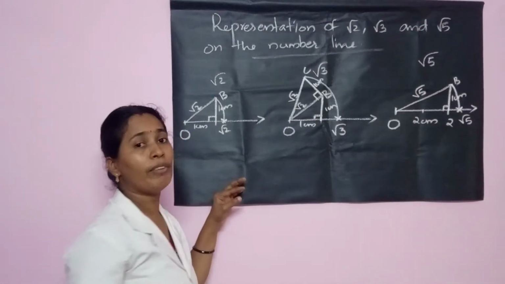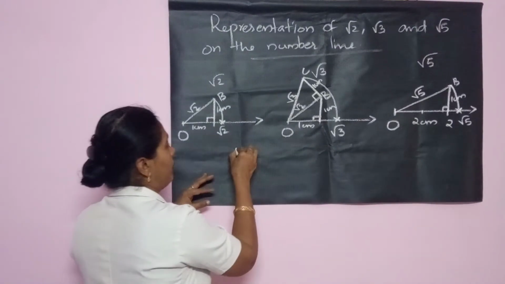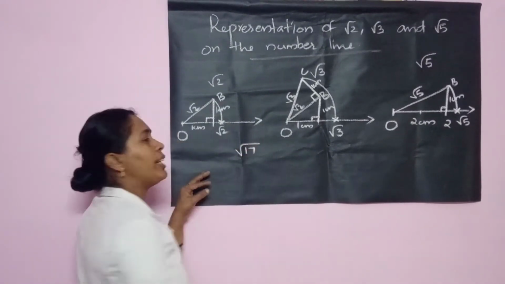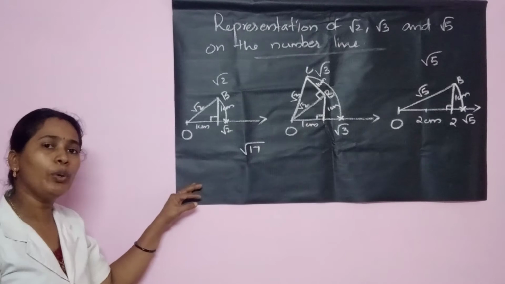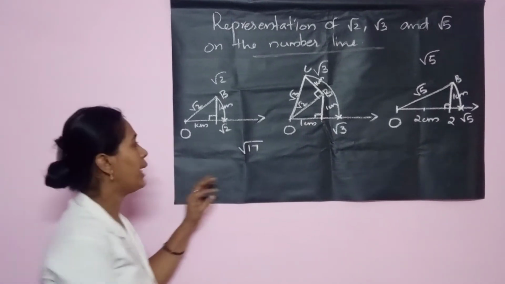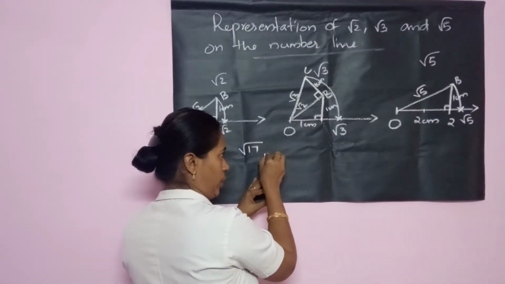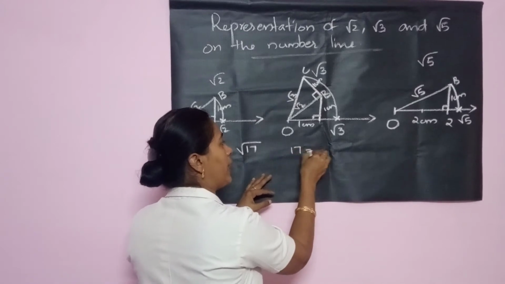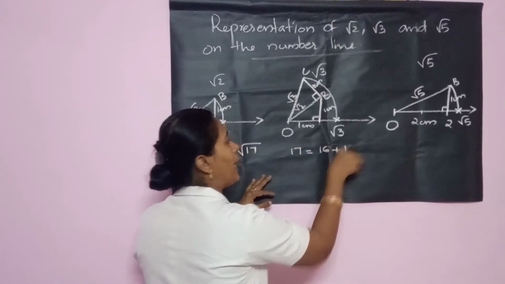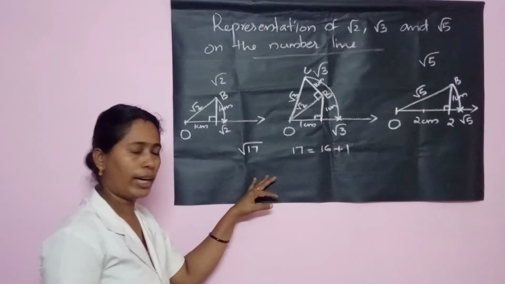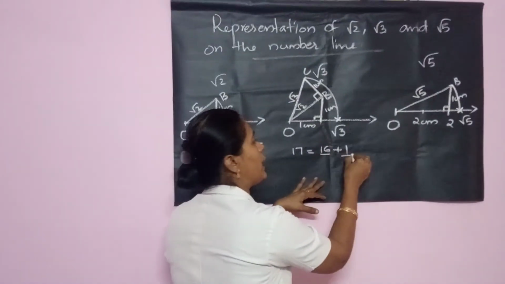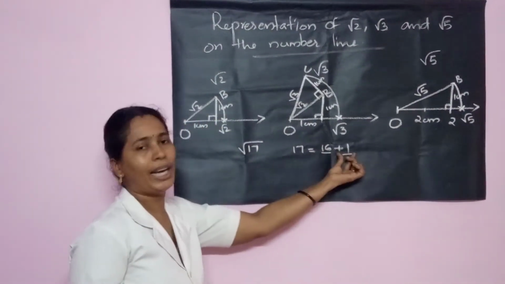Similarly, how can we draw root 17 on the number line? I told you already: 17 can be written as 16 plus 1. Take the square roots of these two, one as base and one as altitude.